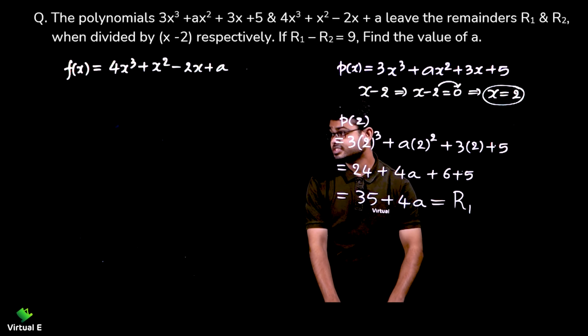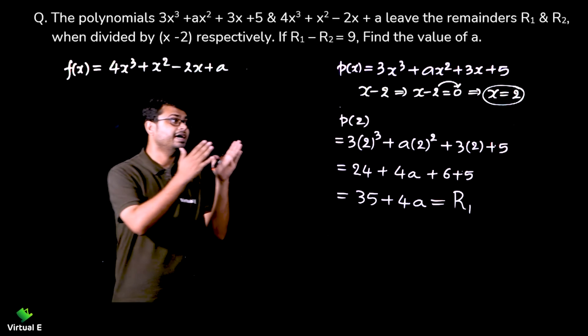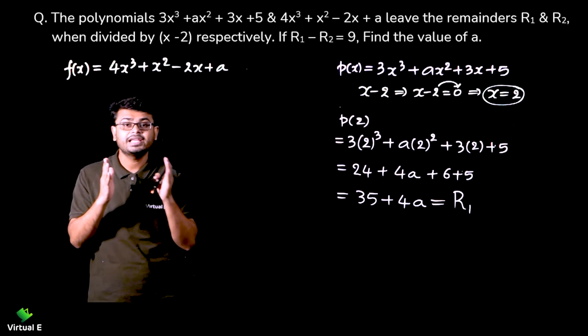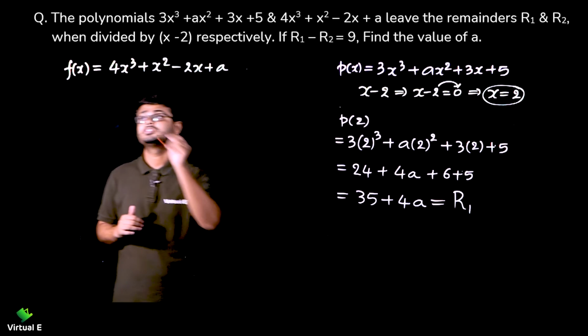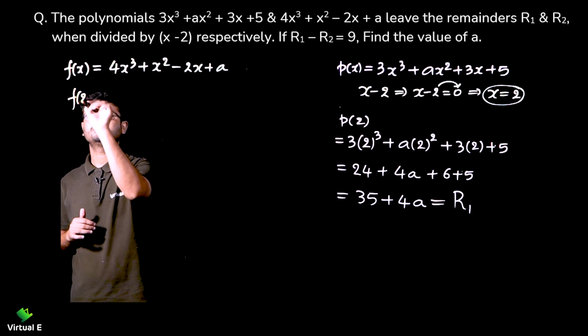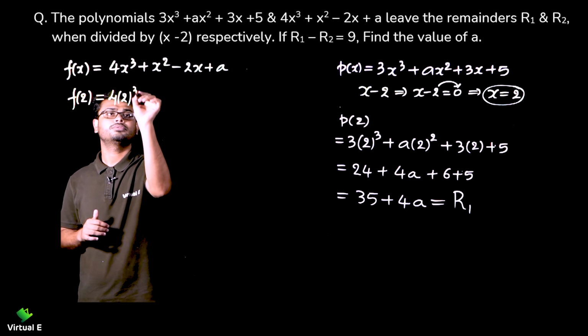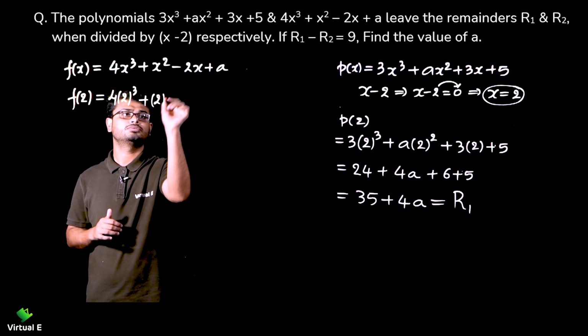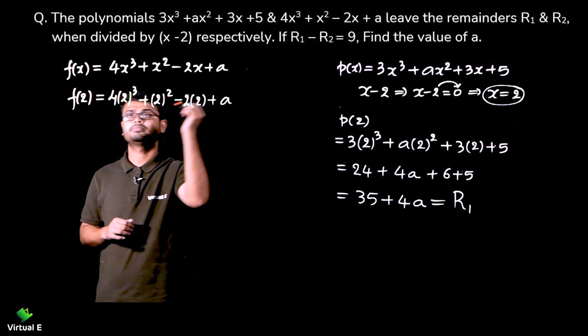Simple. Now let's do the same for the second polynomial. Here also we take x is equal to 2 only, because we are dividing with the same divisor, which is x minus 2. So f(2) is equal to 4 into 2 cubed plus 2 squared minus 2 into 2 plus a.